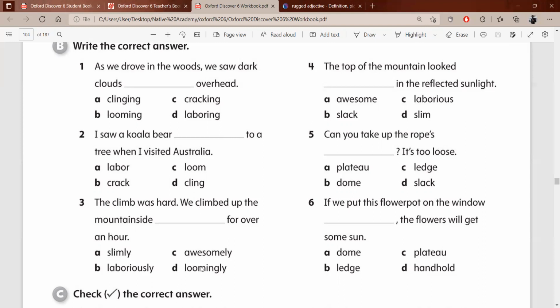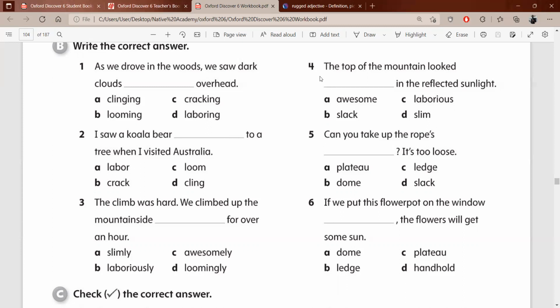Laboriously, like tiring, doing something until you don't have any more energy. To do something laboriously, you do it in a way that takes a lot of time and a lot of effort. Okay, that is the meaning.